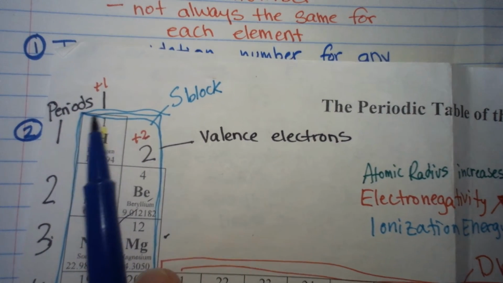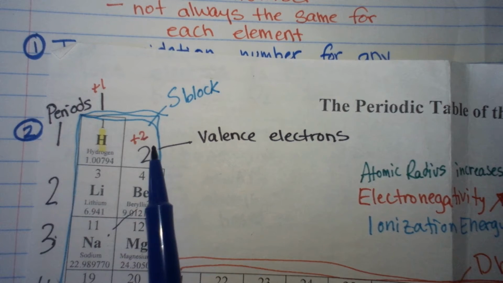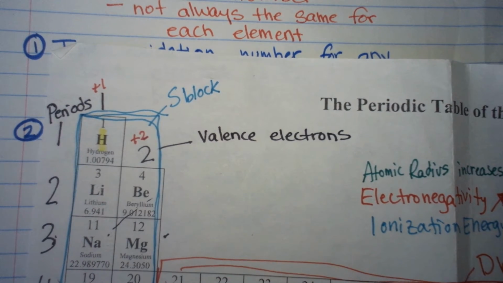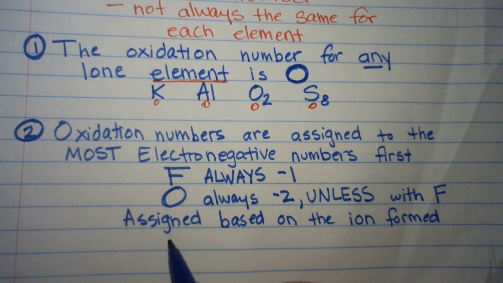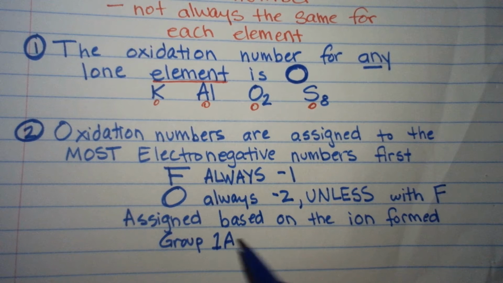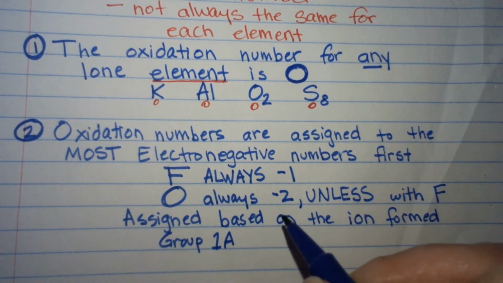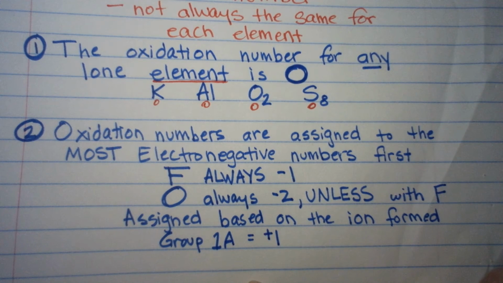We said that group 1 will make a +1 ion. Group 2 will make a +2 ion, okay? So we could write that down. Group 1, or group 1A, is going to usually make a +1 ion. Almost always.